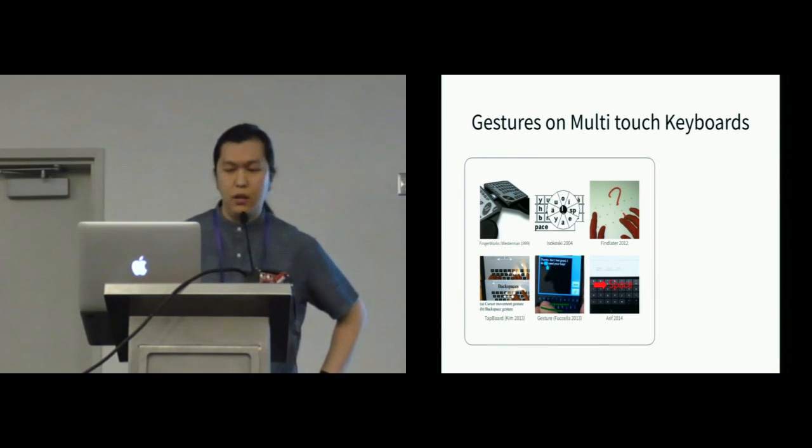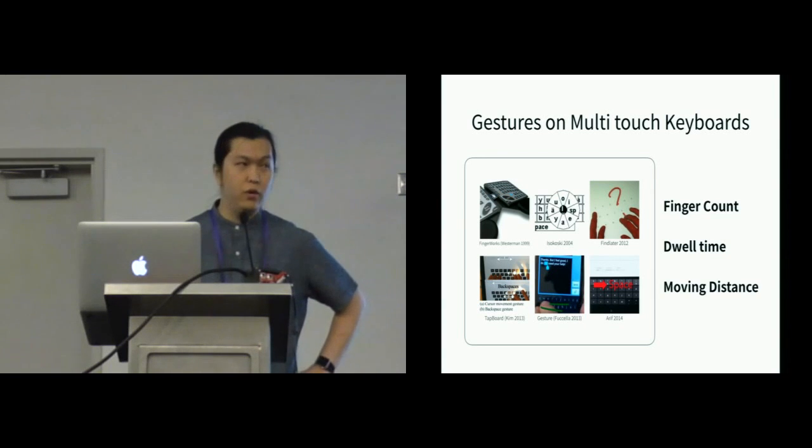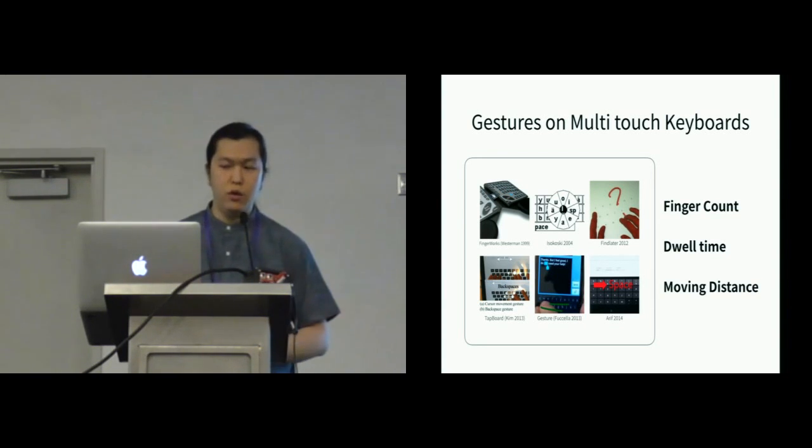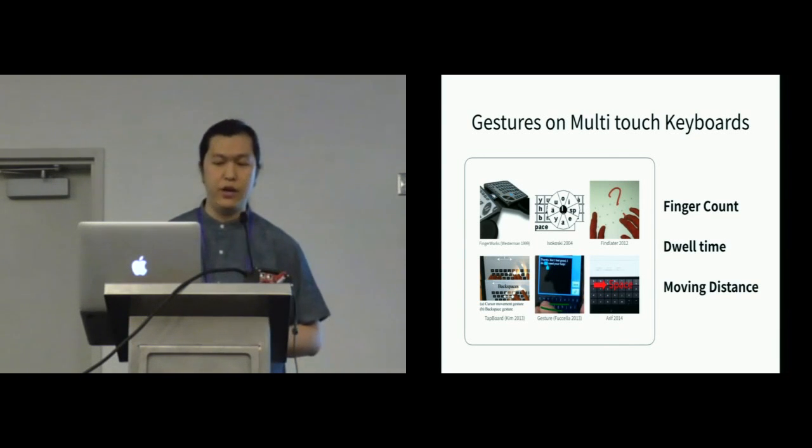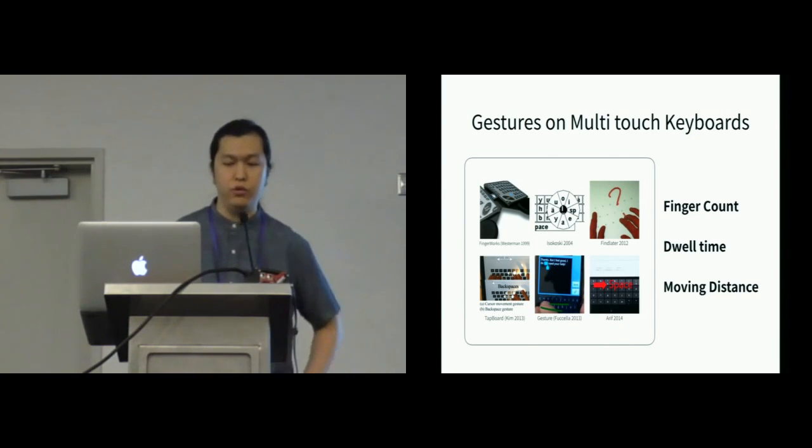We found that most transitions in our finite state machine happen when the finger count changes and when dwell time lapses or a finger moves more than some distance. Interestingly, most previous works on gestures on touchscreen keyboards also rely on similar actions. Therefore, our algorithm can be generically applicable to those applications also.